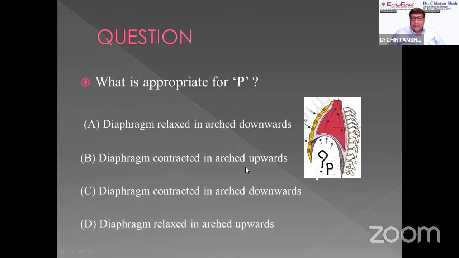This is the 16th one. What should be labeled over here? What do you believe? Come on, 16th one.